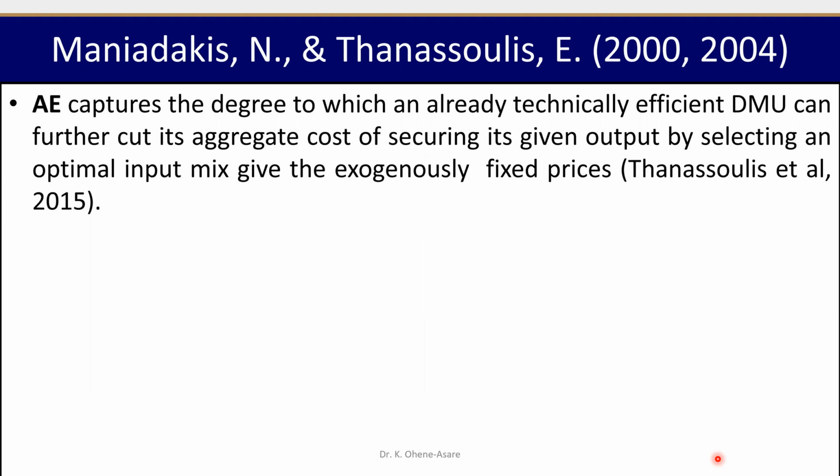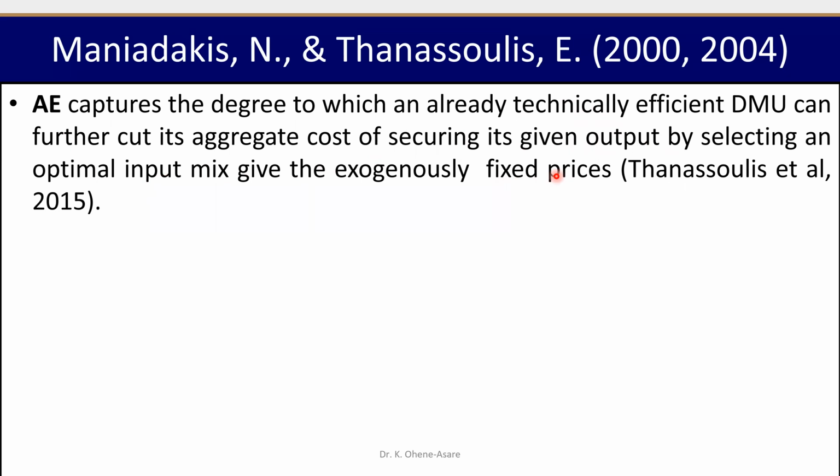It tells you the degree to which an already technically efficient firm, that is input technically efficient, can further cut the overall cost of securing that given output. So the output is more or less given. You are not going to raise the output. You are rather reducing the input, which will make it technically efficient, and then selecting an optimal input mix given the exogenously fixed prices.